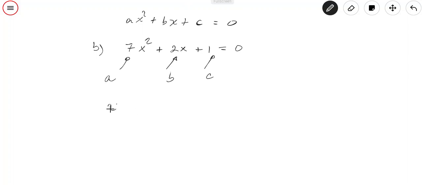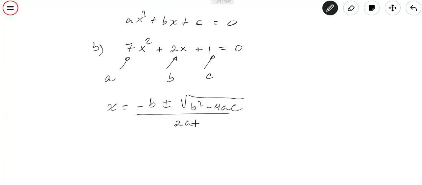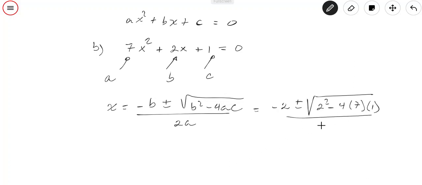So my quadratic formula: x equals negative b plus minus the square root of b squared minus 4ac over 2a. So negative b, which is 2, plus or minus the square root of b squared, 2 squared, minus 4 times a, which is 7, times c, which is 1, all over 2 times a, which is 7.